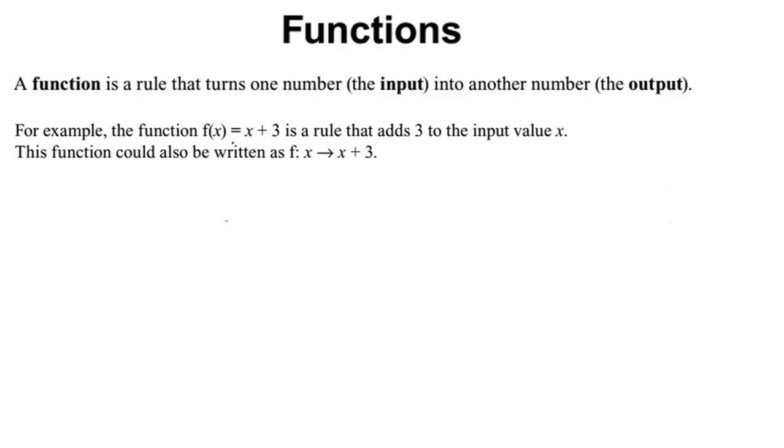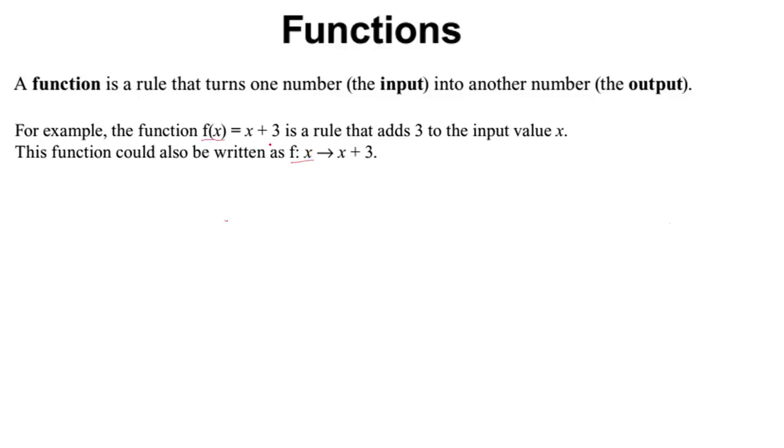If you look at it, the function f of x equals x add 3 is a rule that just adds 3 to the input value of x. Now, what I should also point out is that f of x can be written like that, or can be written in this format here, f with those 2 dots there, and x.